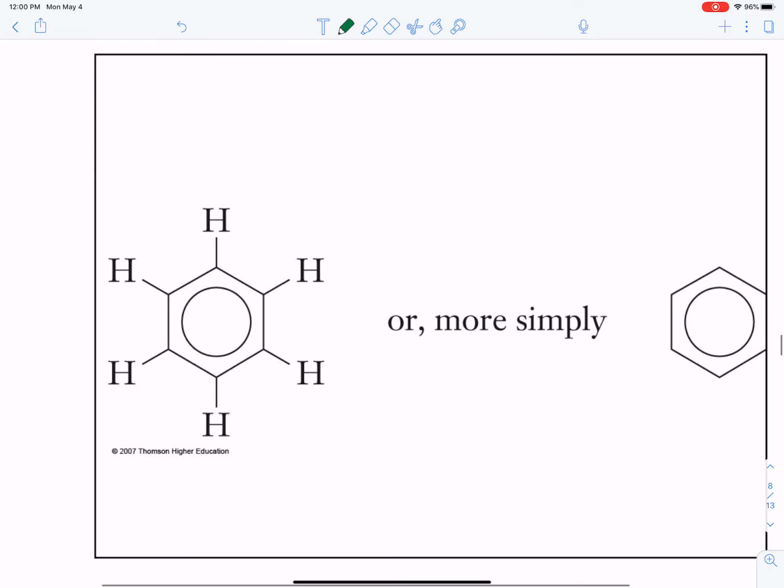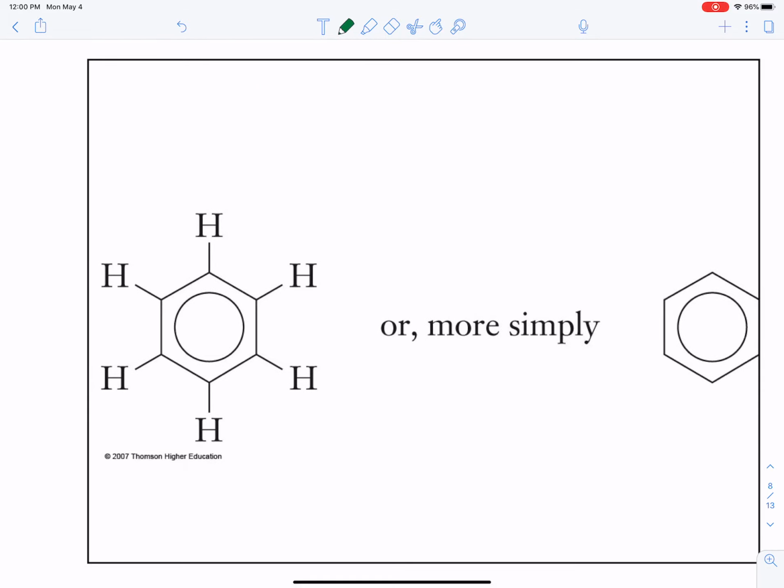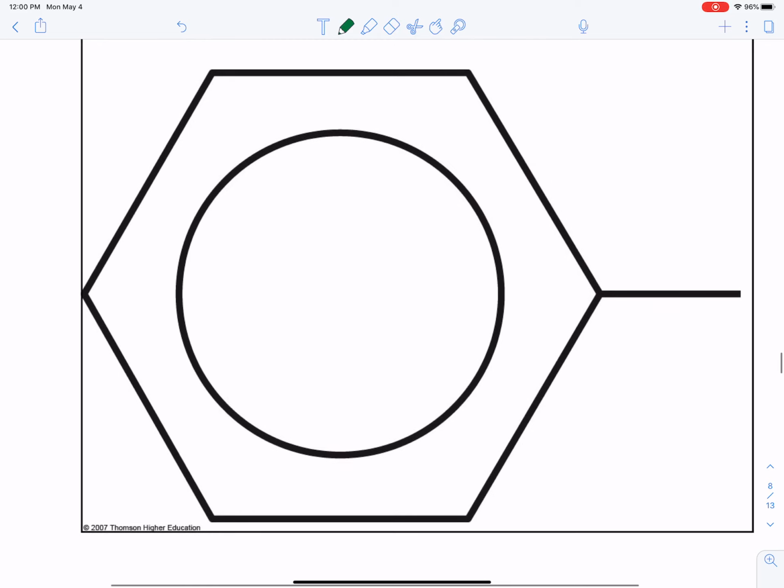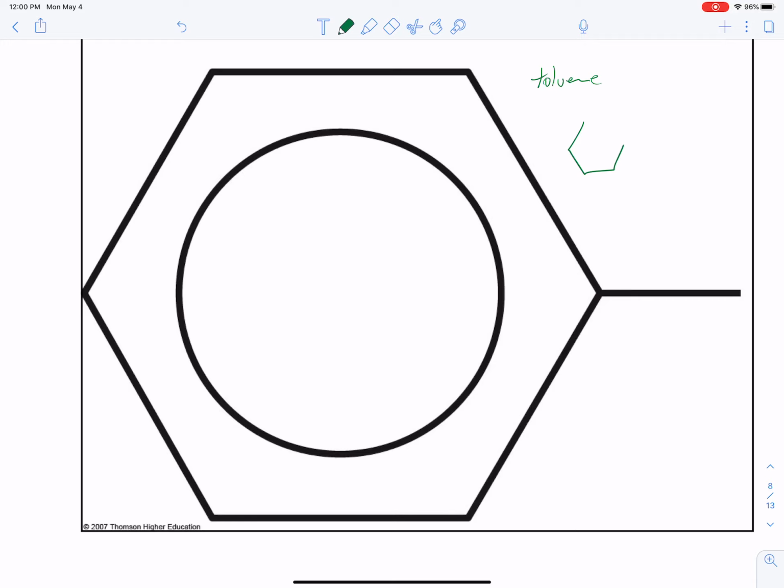All right. So this is toluene. So you see the benzene? And then look, right here, I have a methyl group hanging around.